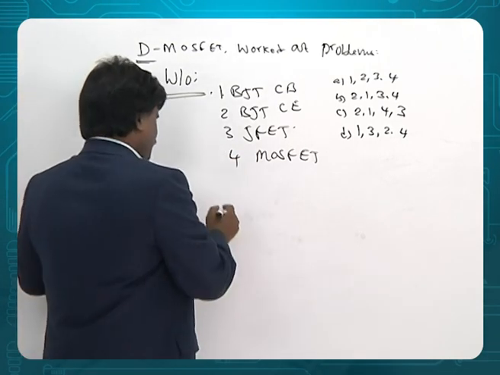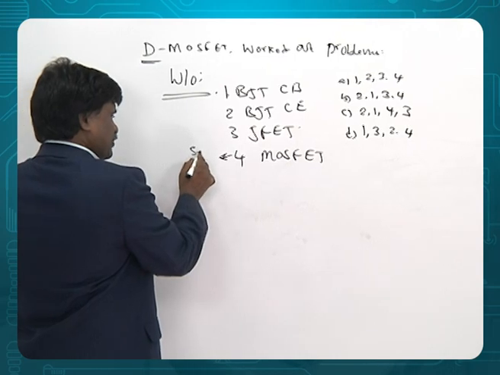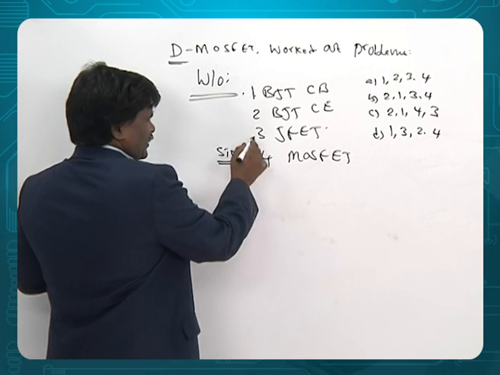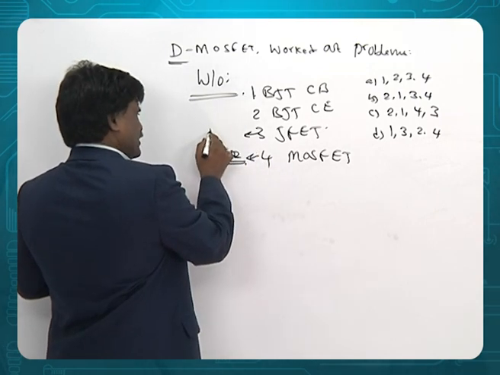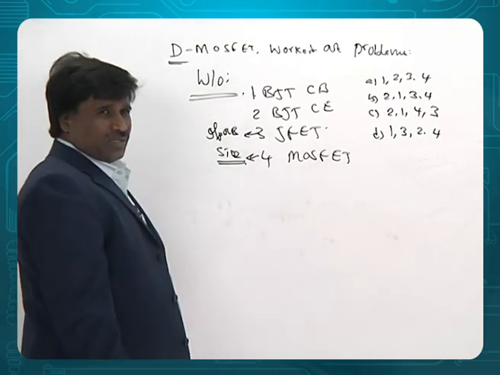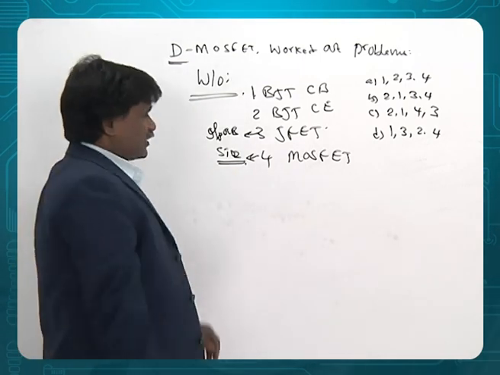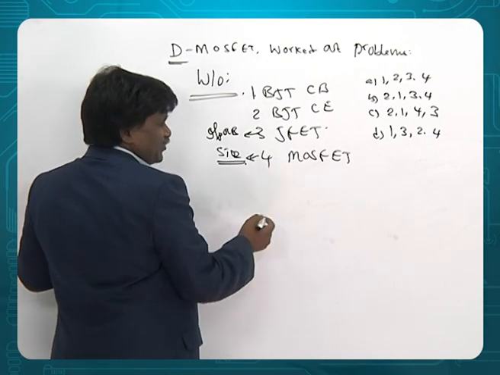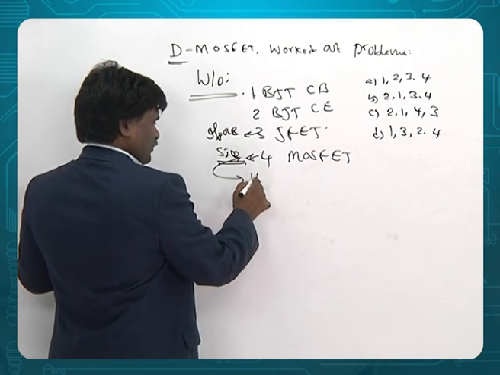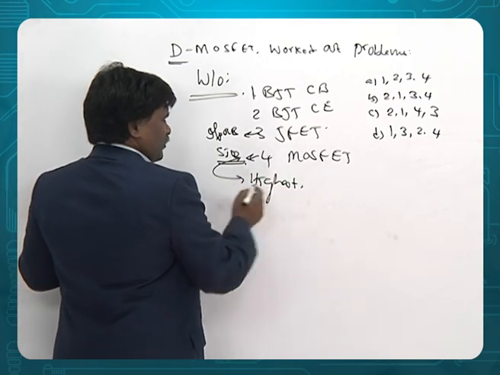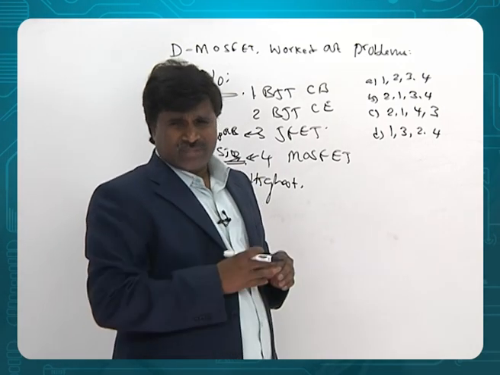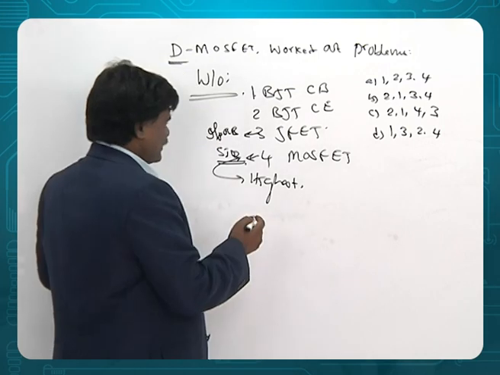First of all, this has the highest input impedance because of the silicon dioxide layer. This has the next input impedance because the input is reverse biased. Therefore, the fourth one has the highest input impedance. Because the silicon dioxide layer acts as an insulator, it has the highest input impedance.